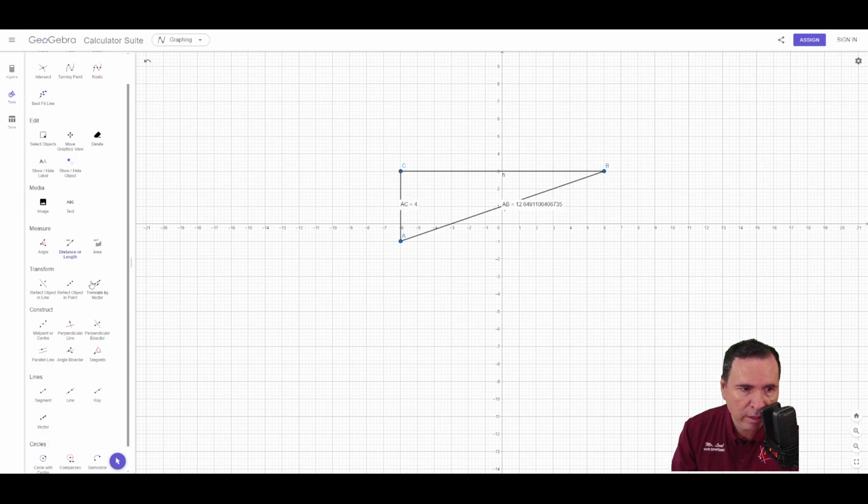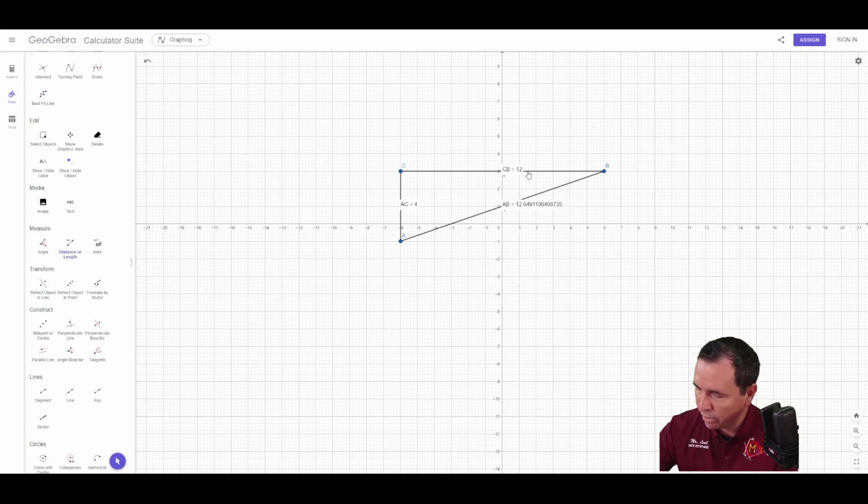It's 4, right? And from here to here is easy to count. You can just count them with your fingers. Look, 1, 2, 3, 4, 5, 6, 7, 8, 9, 10, 11, 12. So you see how this is 4, and you see how that's 12, okay? So that's basically what we have. So if we go back to our worksheet, we have a right triangle that this is 4 and this is 12.